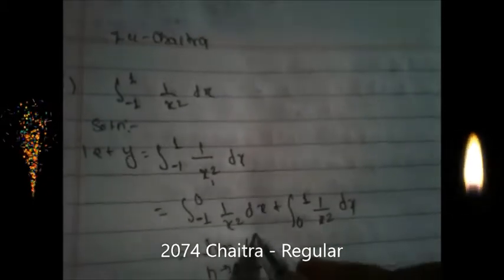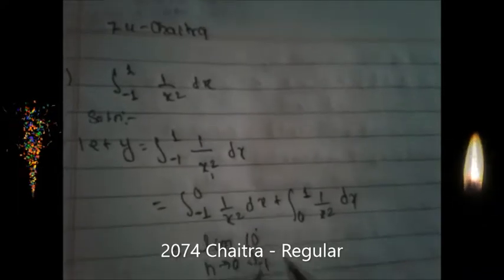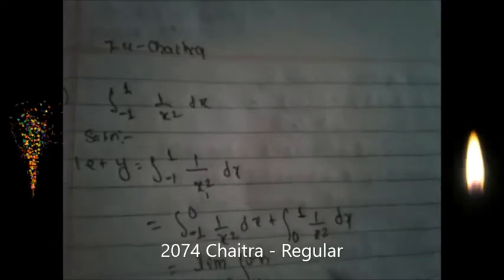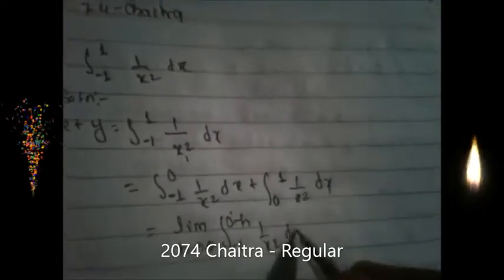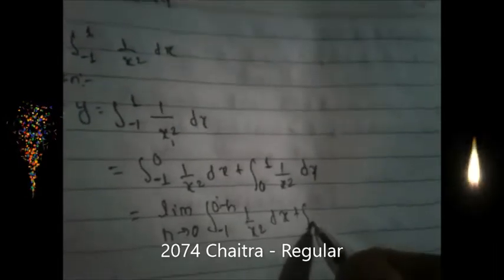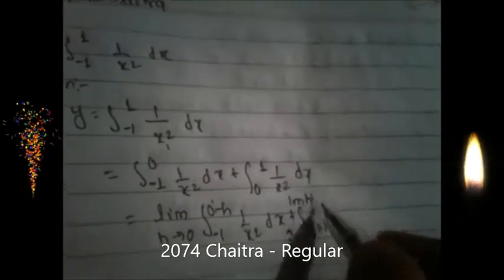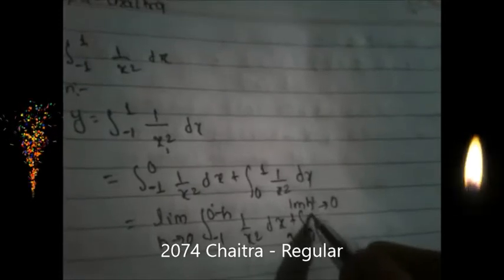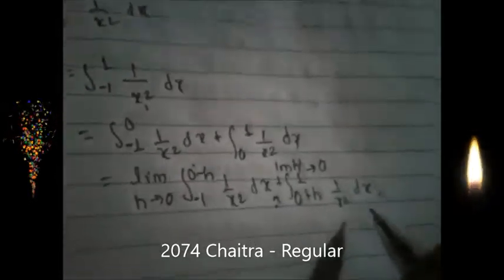Now from here, the integration from -1 to 0 minus h of 1 upon x square dx plus, your limit is missing, so the limit h dash tends to 0 of the integration from 0 plus h dash to 1 of 1 upon x square dx.